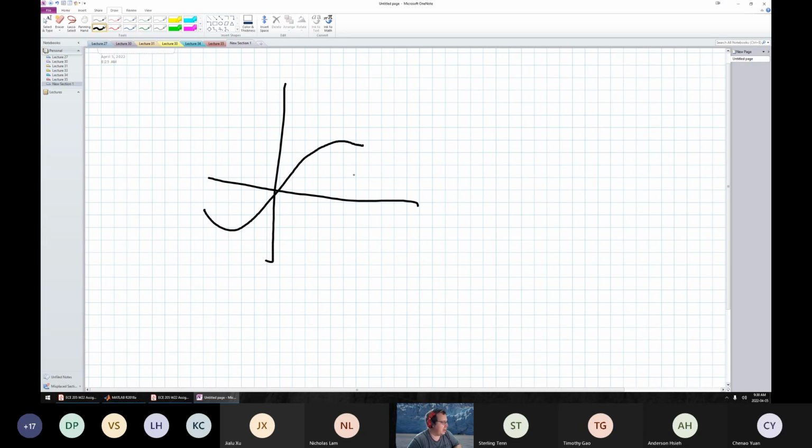Or if you wanted something even fancier, you could do this with a discontinuity. This would be piecewise C1. So you can have jump discontinuities. When you talk about piecewise C1, you need to talk about an interval. Whether you're on the closed interval or the open interval, no matter what, this still is piecewise C1.